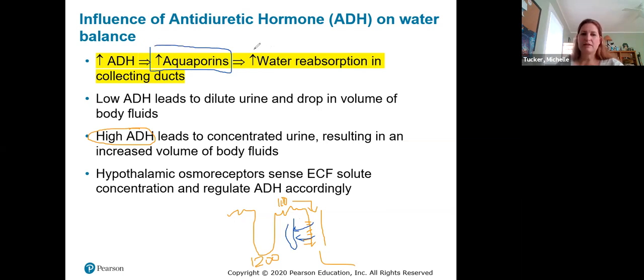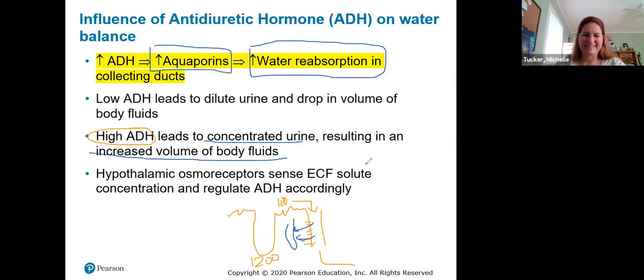It increases water reabsorption, and it really should be from the collecting ducts, because water leaves the collecting ducts and is then reabsorbed by the vasa recta. This leads to concentrated urine, and the water that has been reabsorbed increases the volume of body fluids. Those hypothalamic osmoreceptors sense that we have a balance and will then adjust the amount of ADH being released by the posterior pituitary.